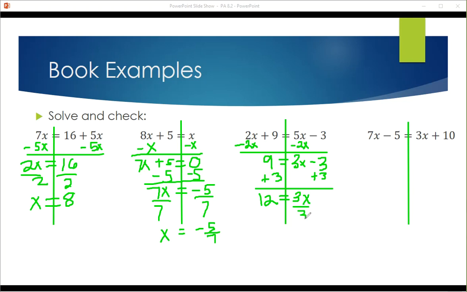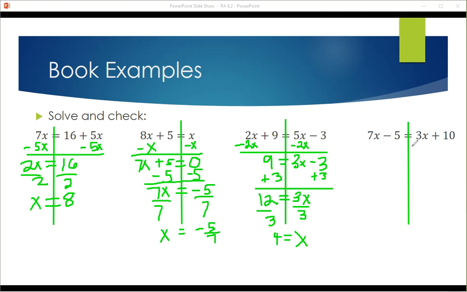I'm going to do that by dividing each side by 3. 12 divided by 3 is going to give me 4. So you can see it doesn't matter. Either way, it could go and still end up getting the same answer.